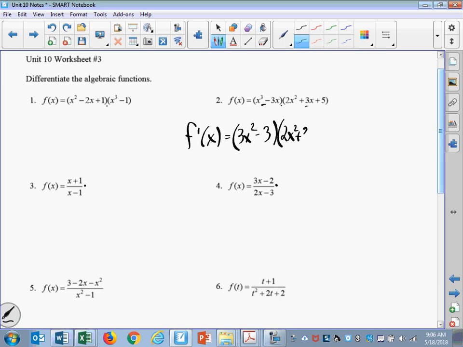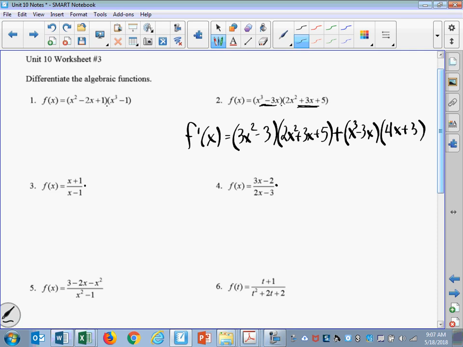Now the first function waits, while the second one gets its derivative. It's his turn now. So the derivative is 4x plus 3. That's the answer for number two. I would leave it. If you expand it, it's going to be a terrible mess. Just leave it alone.